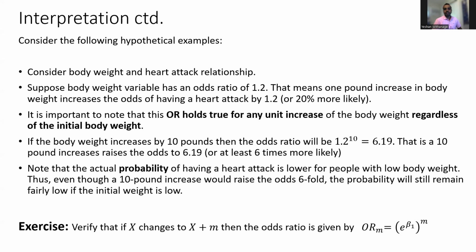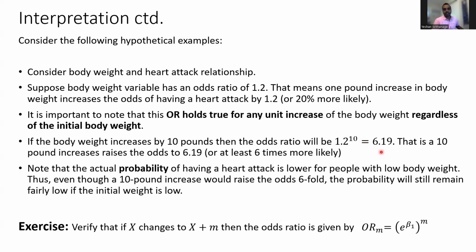If the body weight increases by 10 pounds, then the odds of having a heart attack are about 6 times more. How did we calculate this 6 times? It is 1.2 to the power 10, which is equal to 6.19.